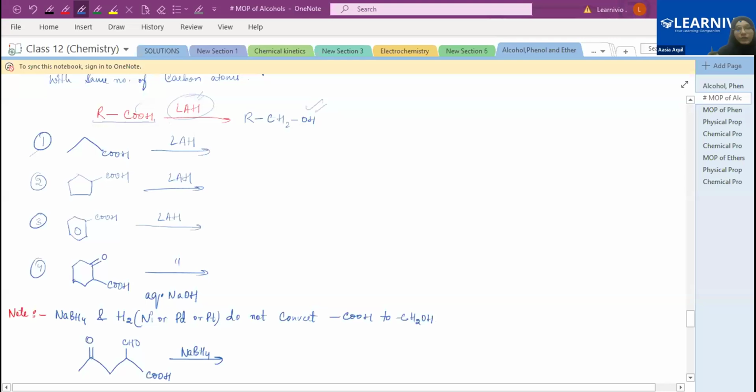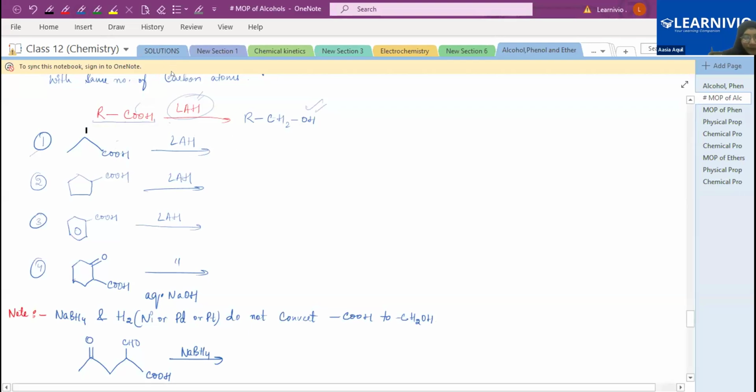So see the first question, CH3CH2COOH. This is propanoic acid. On reduction, it will reduce to the corresponding alcohol.